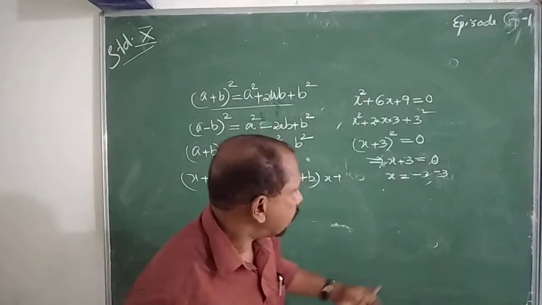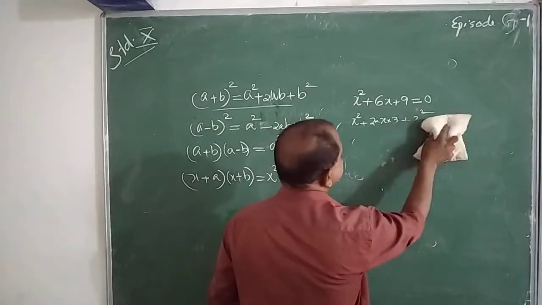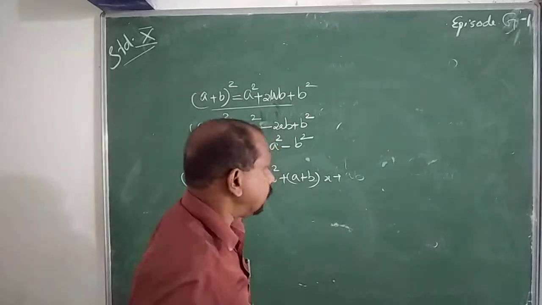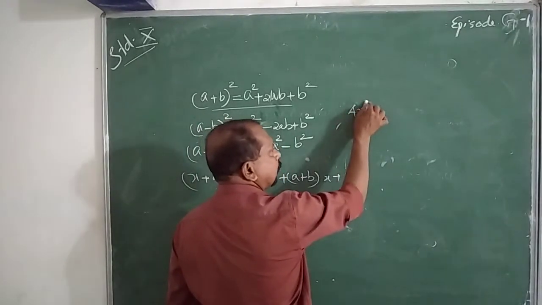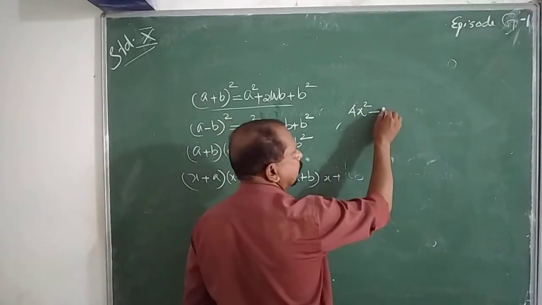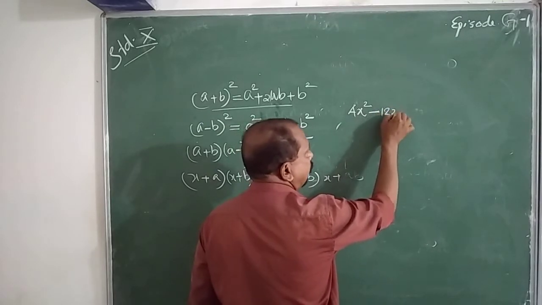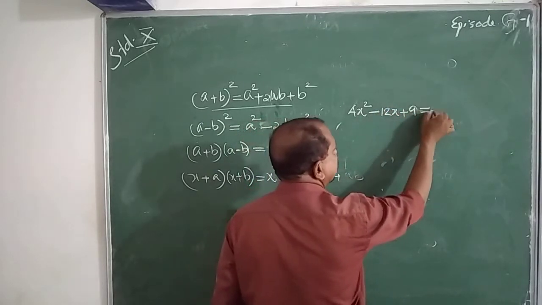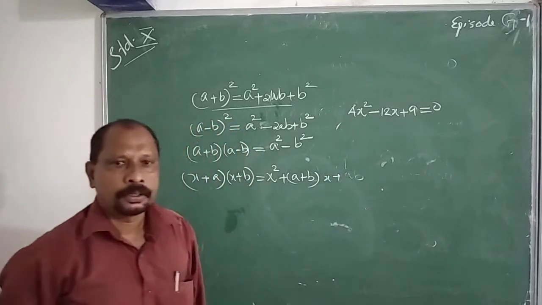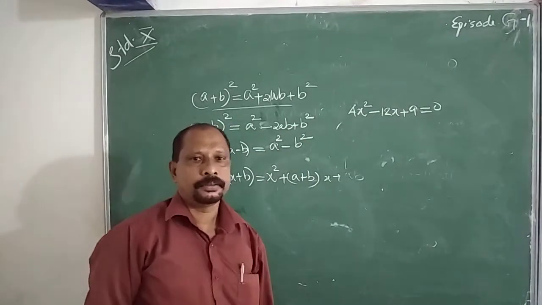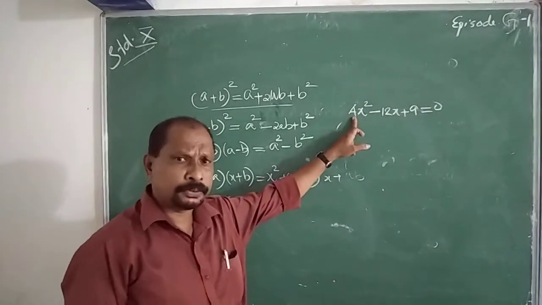Okay. Similarly, let us consider another example, that is 4x square minus 12x plus 9 is equal to 0. What is the first one? 4x square. What is 4x square?